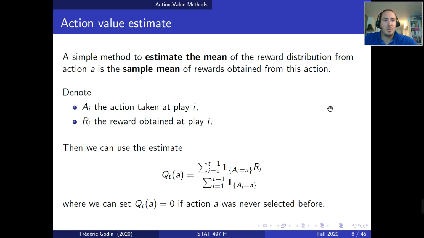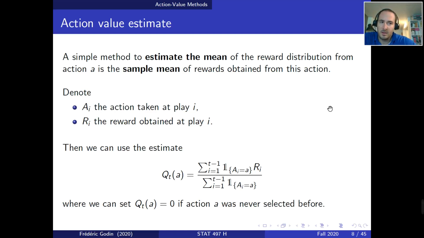Now, we said we consider estimates of expected rewards associated with each lever. How do we form such estimates? Well, in practice, we can use the sample mean of rewards associated with each lever to form estimates of the mean.